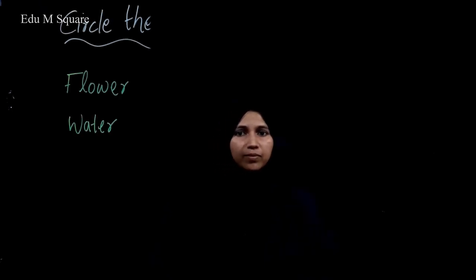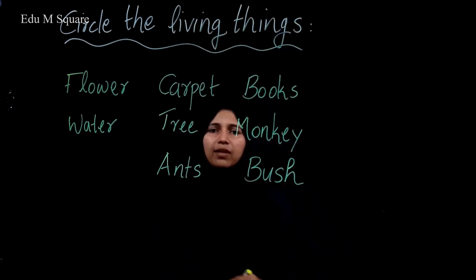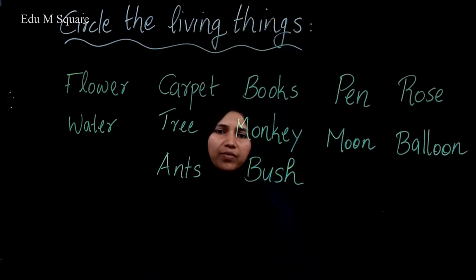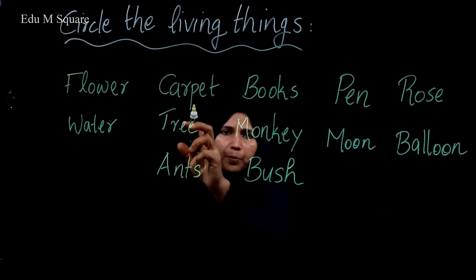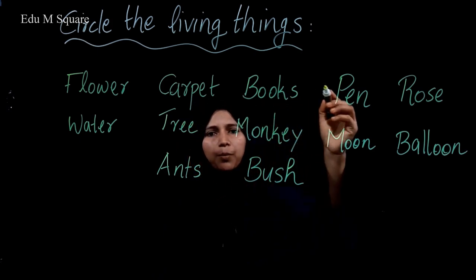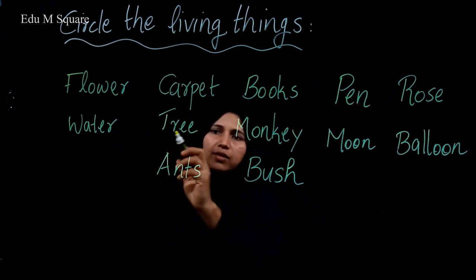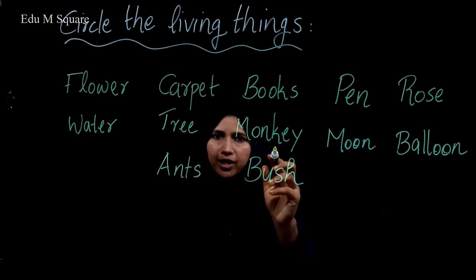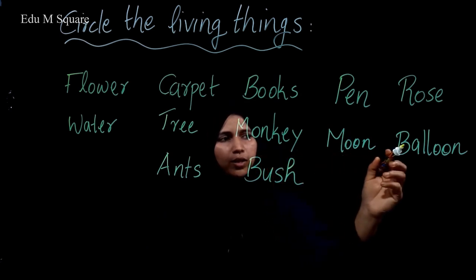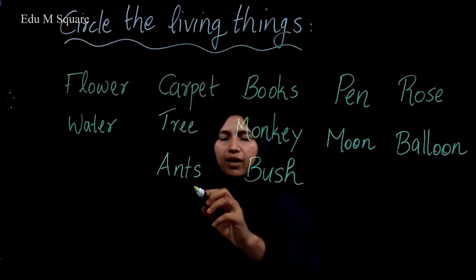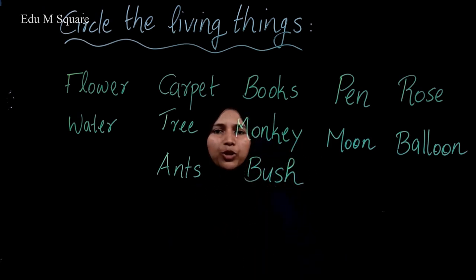Now I will give a list of things. Can you find the living things among them? This is the list. What are the things here? Flower, carpet, books, pen, rose, water, tree, monkey, moon, balloon, ants and bush.